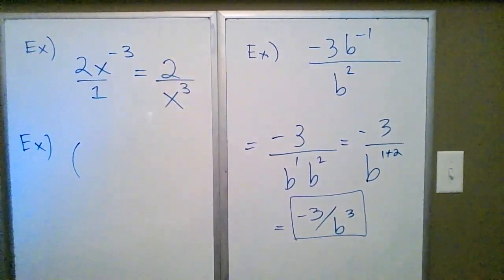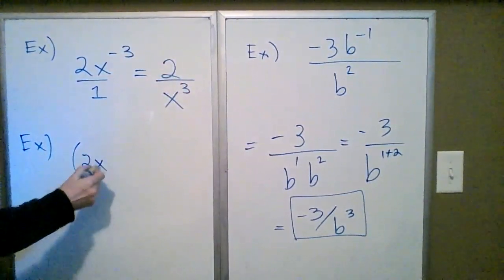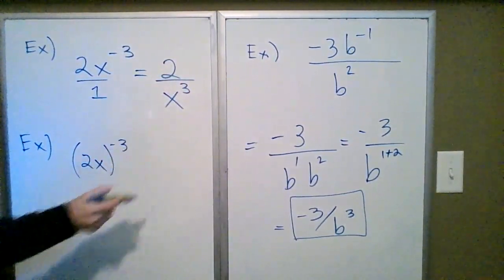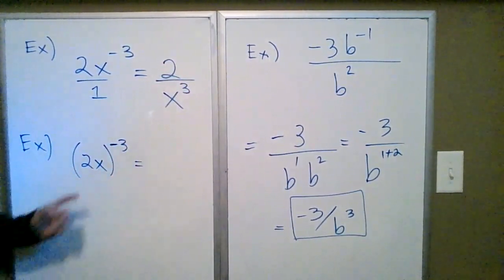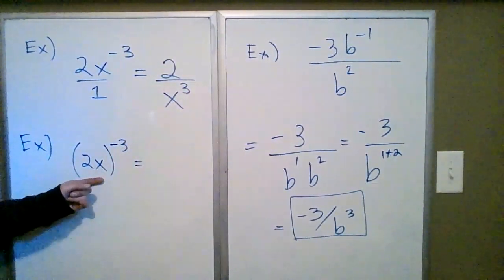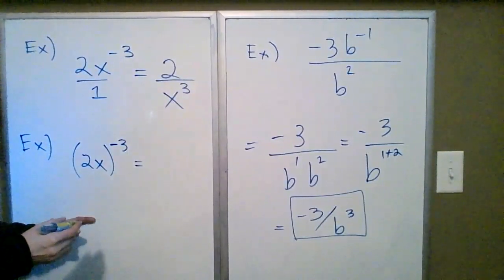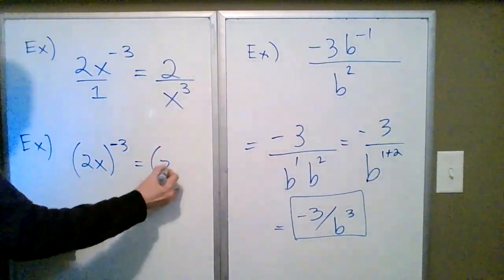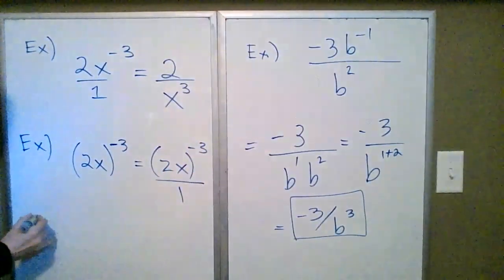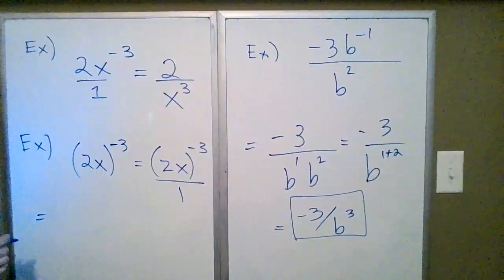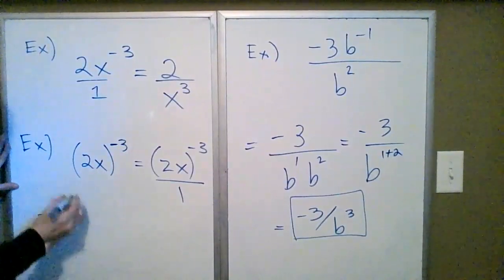This time we're going to take 2x, the quantity, and then have a negative power of 3. So we can bring this to the denominator as 1 over the quantity 2x cubed.